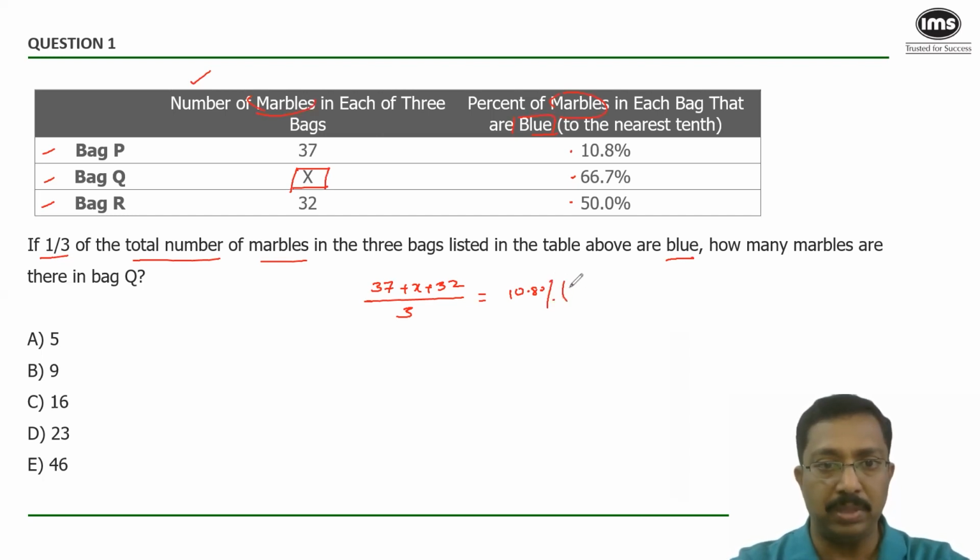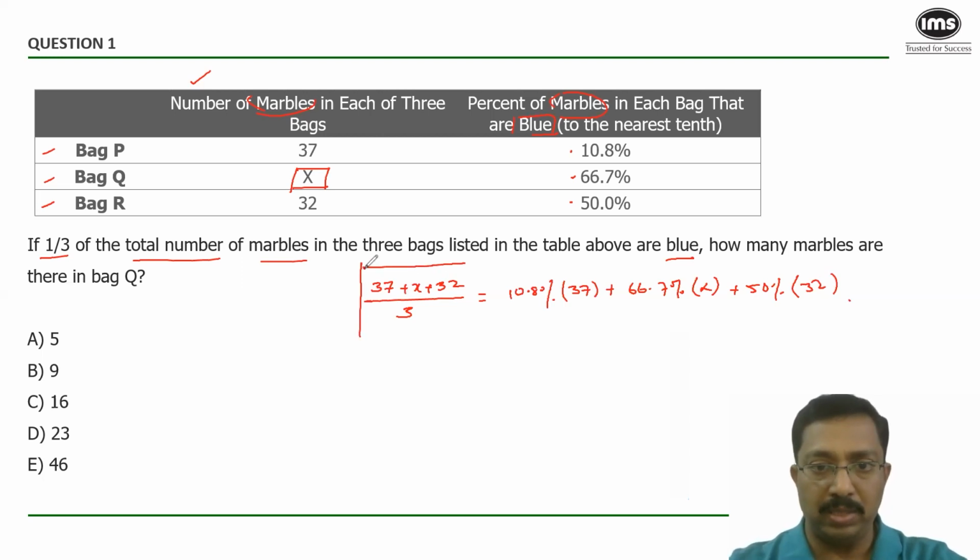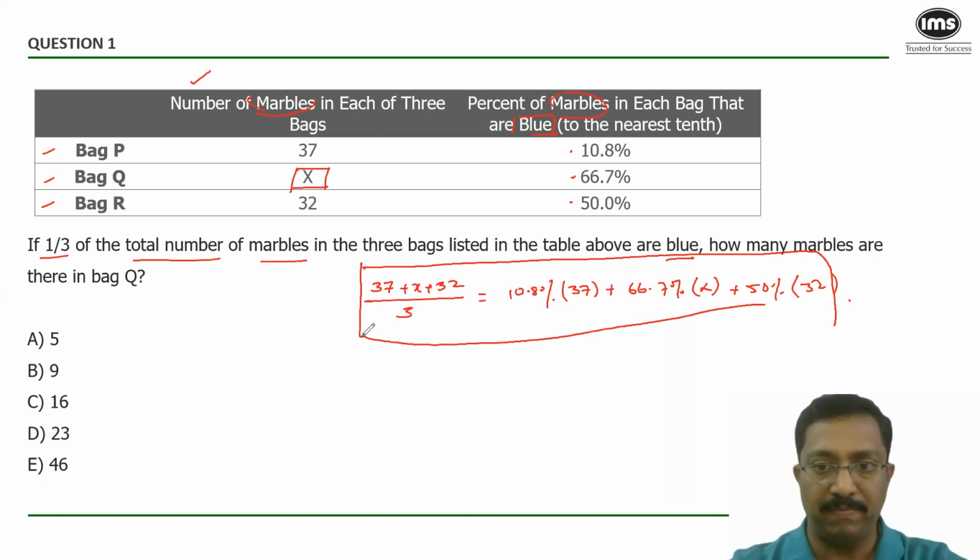So 10.8% of 37 plus 67.7% of x plus 50% of 32. No doubt, working this way, with equations, you can derive the value of x, but before you reach the value of x, you will have to wade through several steps.